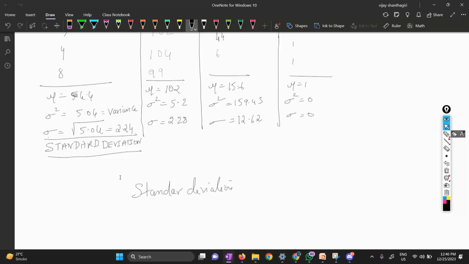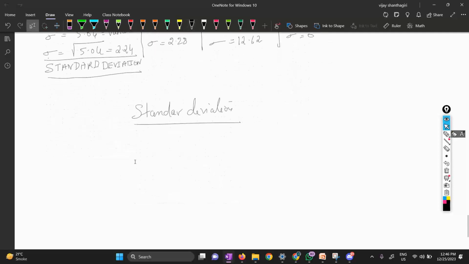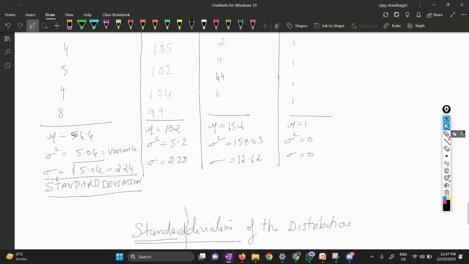there is a hidden secret meaning. The standard deviation means what kind of deviation? Deviation is standard. Standard deviation of the distribution, correct?